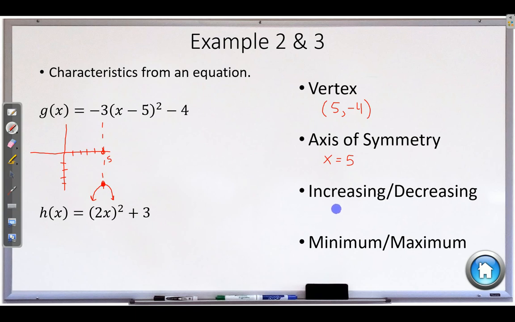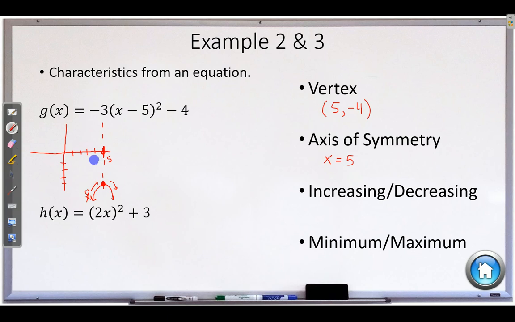All right, increasing, decreasing. So again, think about the little person walking along the parabola. They start on the left, and they walk around to the right. So first, this person is going up. So first, this parabola is increasing. Then the parabola is decreasing. So our limiting value here is 5.